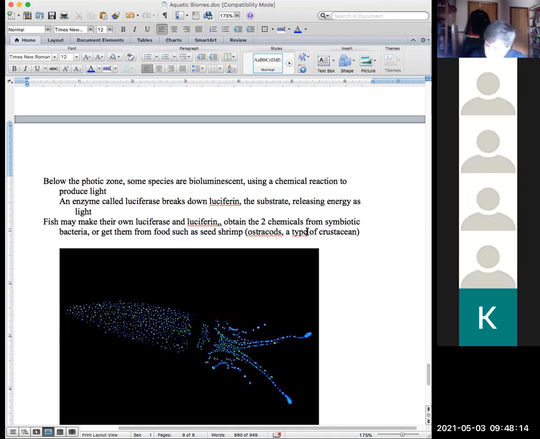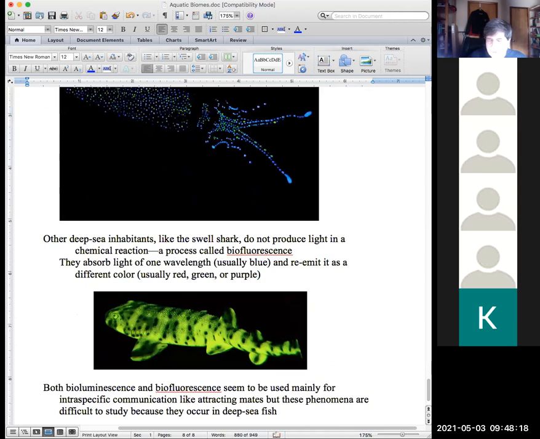Now, if we look at another thing that animals do, this is a photo of something called a swell shark. Swell sharks don't have luciferin and luciferase. They have a chemical in their cells that absorbs light, usually blue light.